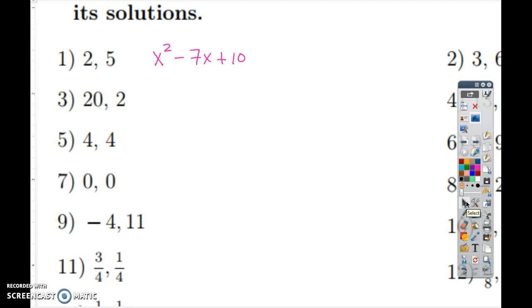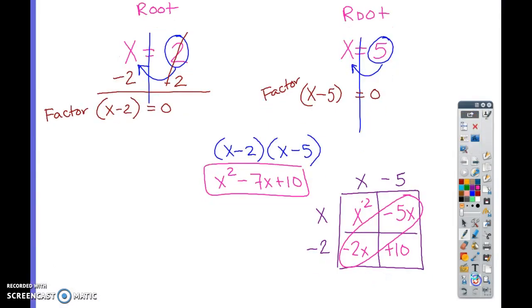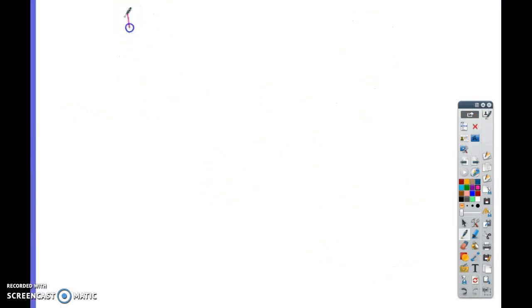Let's do problem number 11. Problem number 11 says that the roots are 3/4 and 1/4. So root x equals 3/4, and the other root x equals 1/4.